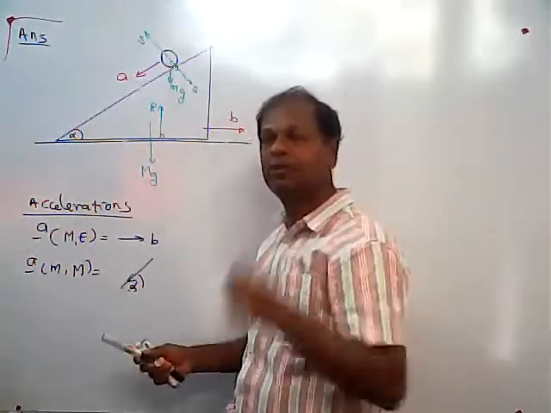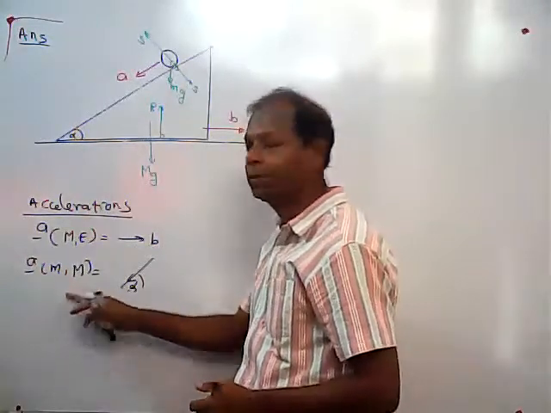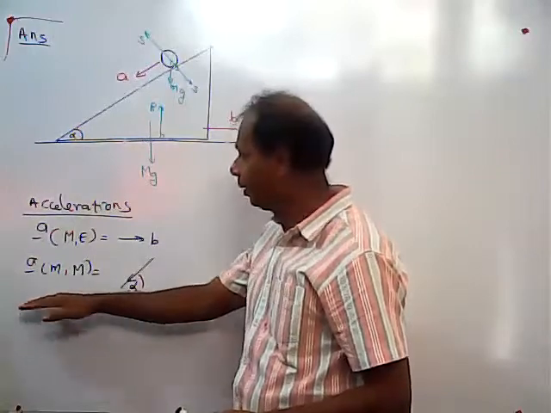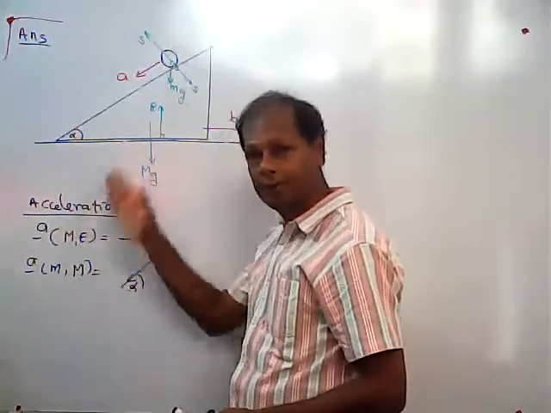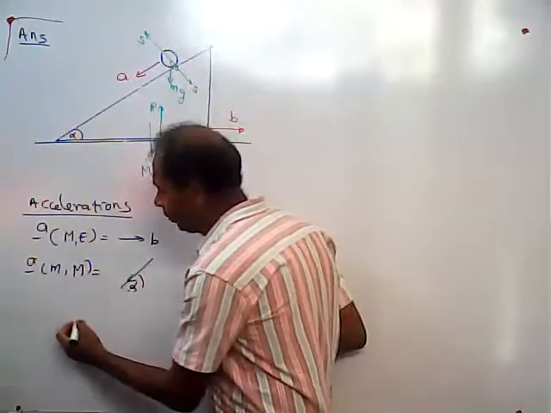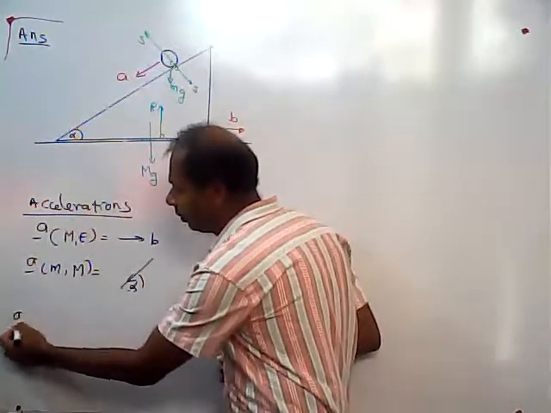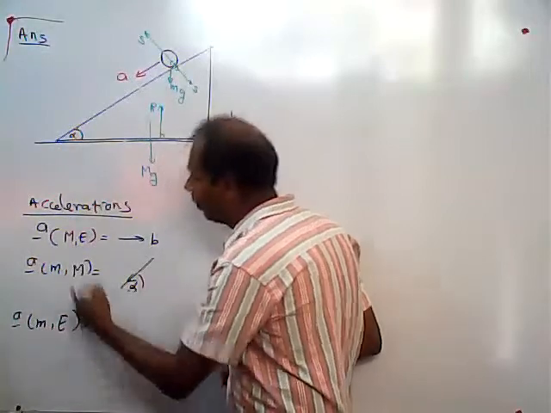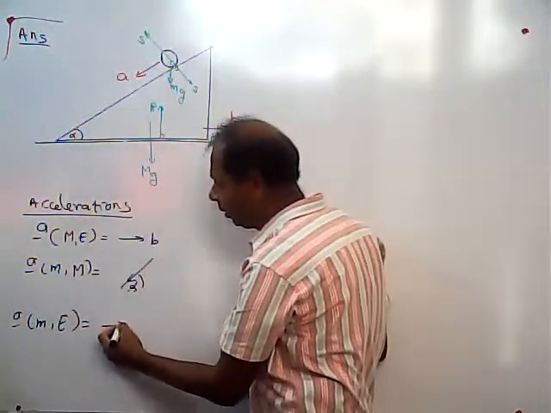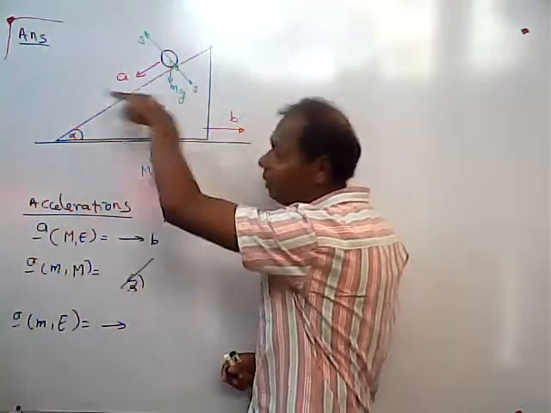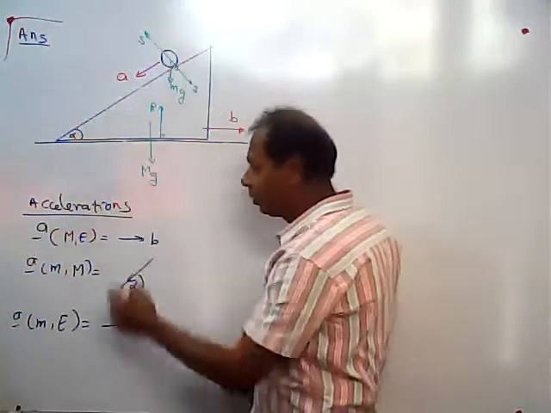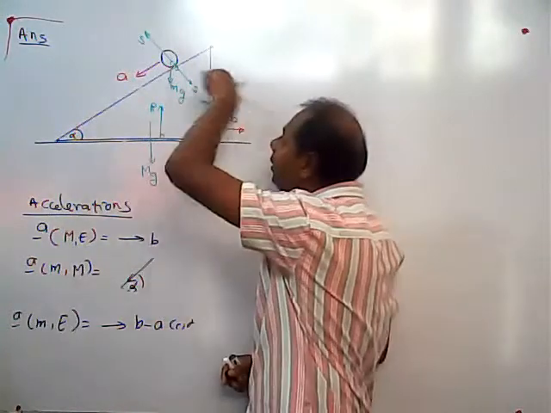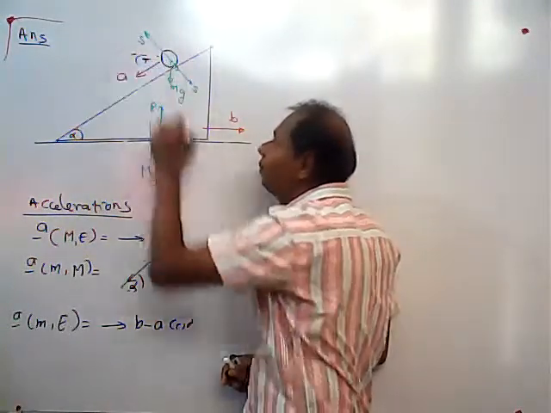If you want, you can further explain the acceleration of the particle relative to the Earth frame horizontally and vertically. So horizontally, the acceleration of the particle relative to the Earth frame will be b minus a cos alpha, this angle is alpha.